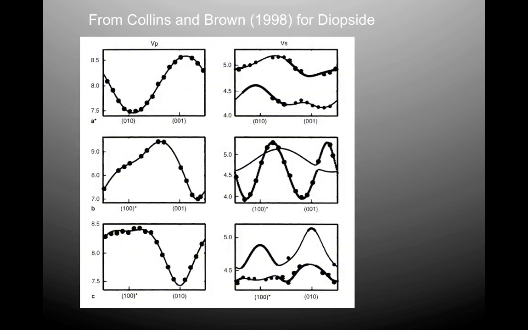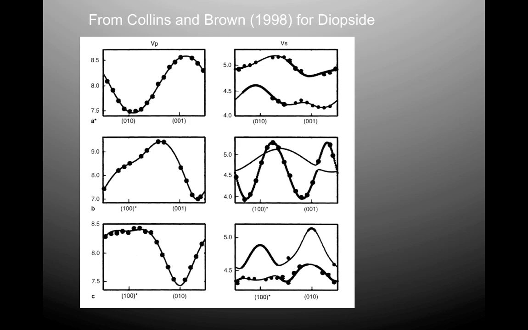Collins and Brown in 1998 published a set of elastic constants for diopside, and here the symbols, the circles, are the actual measurements and the lines represent the calculations. These are velocities in planes normal to the A star direction, the B direction, and the C crystallographic direction.